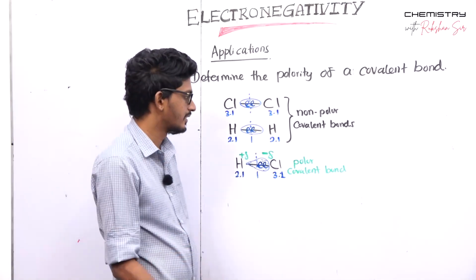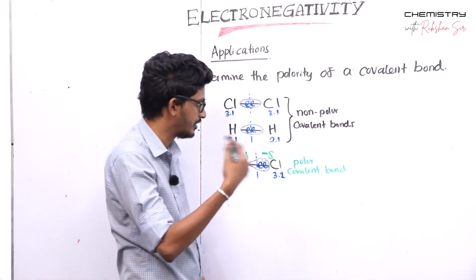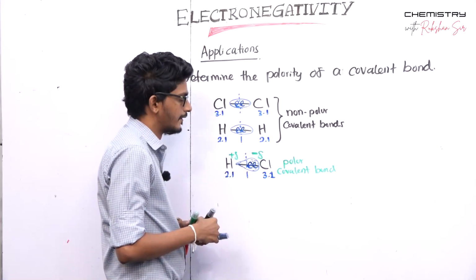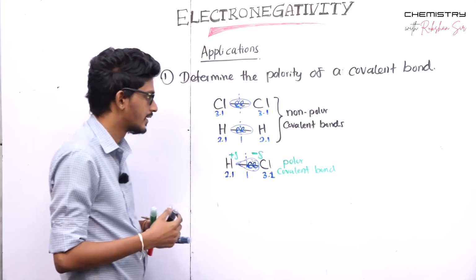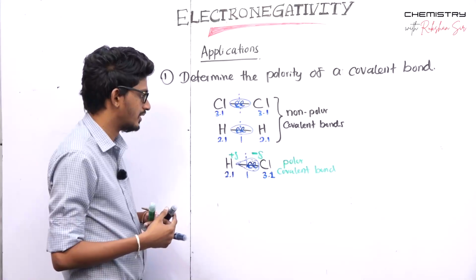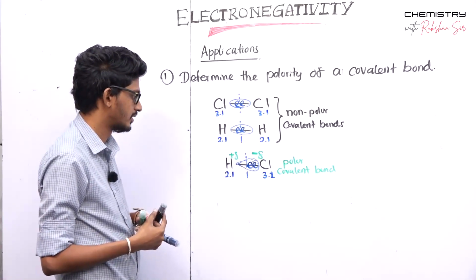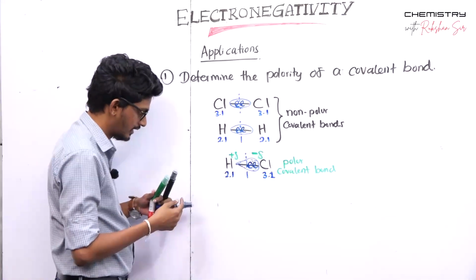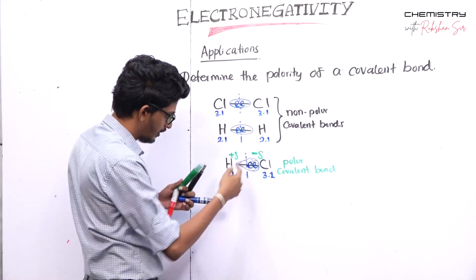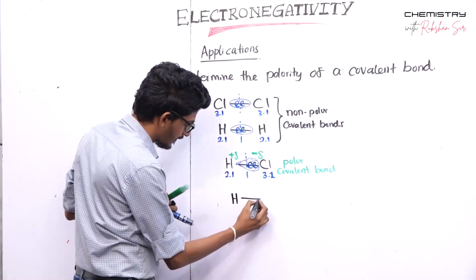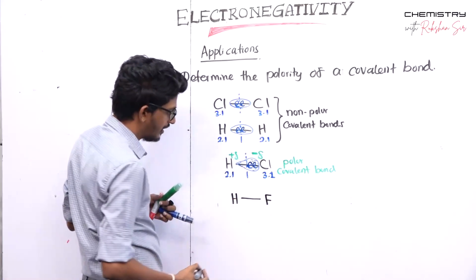Then in the latter section of the second lesson, they will discuss the magnitude of the polarity. If you are thinking of the polarity of HCl, that will differ compared to the polarity of HF.